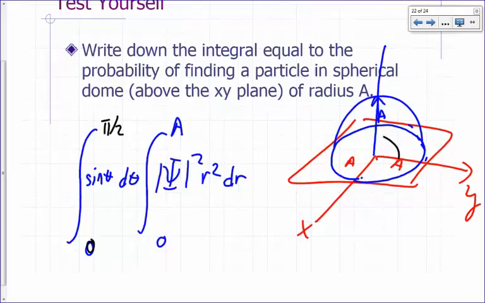Why 0 to pi over 2? We only want to take the top half, right? So above the xy plane. Okay, and then finally we integrate with respect to phi from 0 to 2 pi. Okay? So that's the probability of finding it in a spherical dome above the xy plane, if the dome happens to have a radius of a.